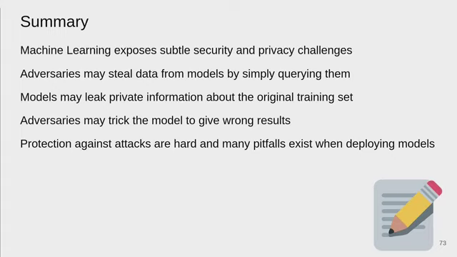Adversaries may steal the models, may steal data from models by simply querying them. Models themselves may leak private information about the training set in the 3 examples that we've gone through. Adversaries may trick the model to give wrong results and push classification into different areas. And also protection against all of these different attacks is hard, and many different biases and pitfalls exist.